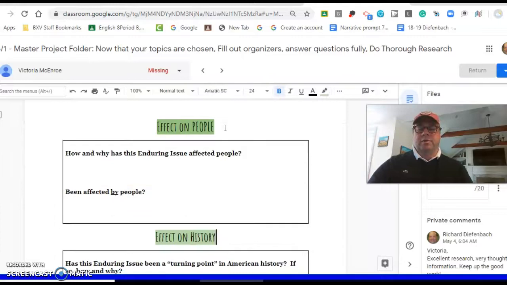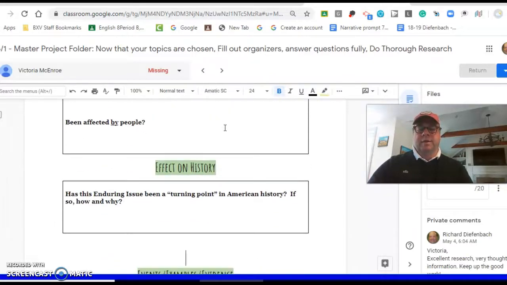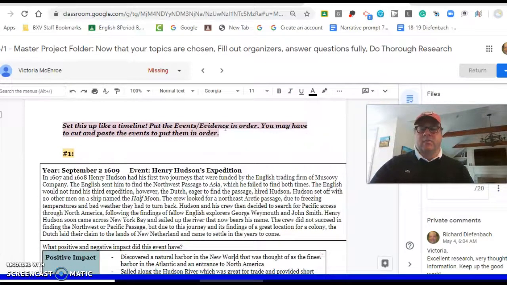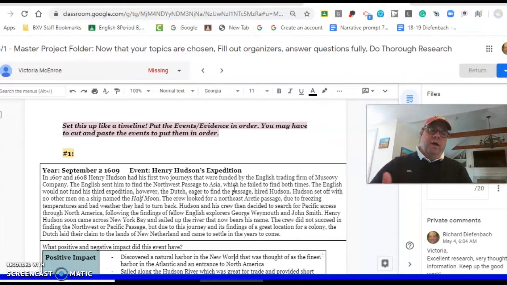Then you're going to go into, she already explained these in her answer. So what I'd like to also look at, again, is the examples. Here's example 1. She puts the date here, which is very important, which is September 2nd, 1609. This is Henry Hudson's expedition. Again, this had a tremendous impact on New York because it was the Hudson River, and the mouth of the Hudson River is New York Harbor or Manhattan.